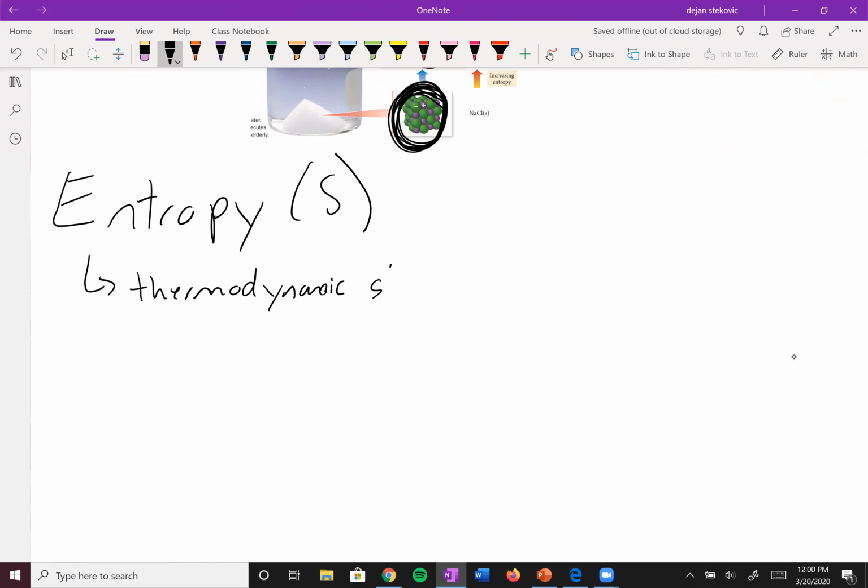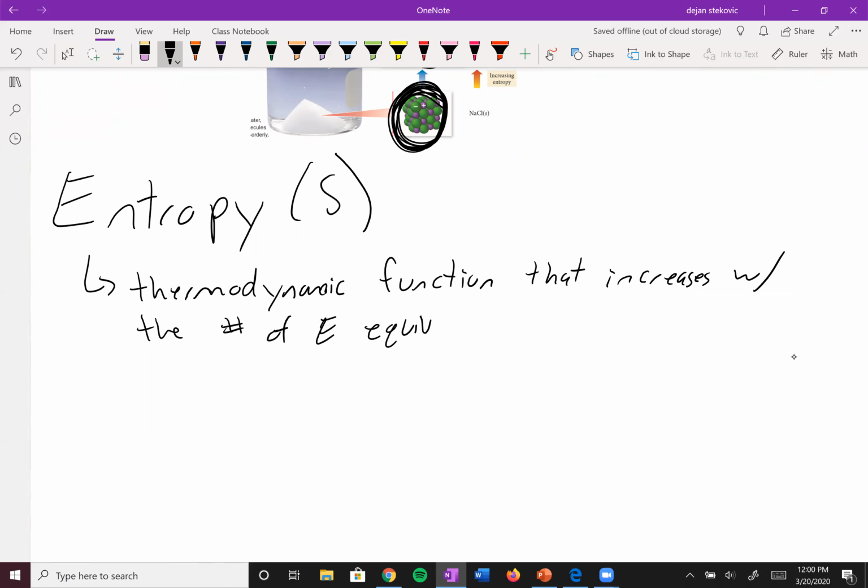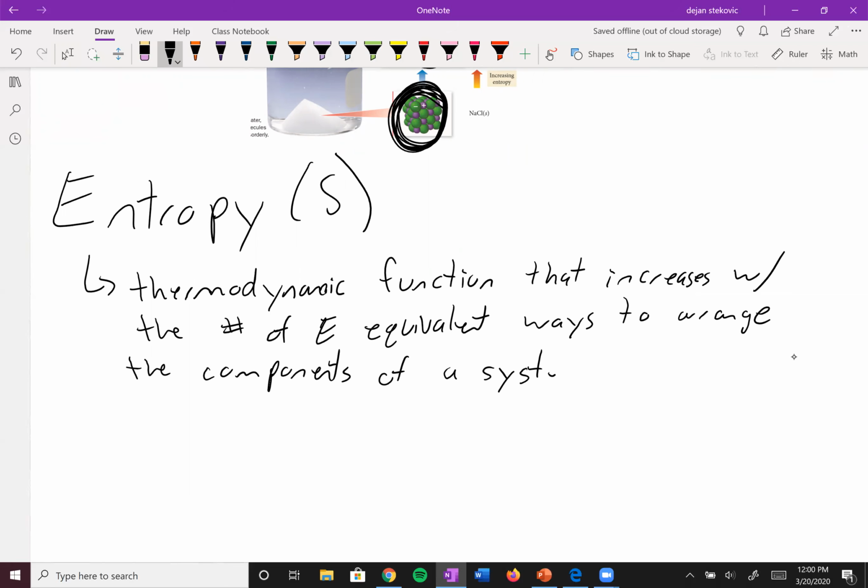Thermodynamic function that increases with the number of energy equivalent ways to arrange the components of a system to achieve a particular state.